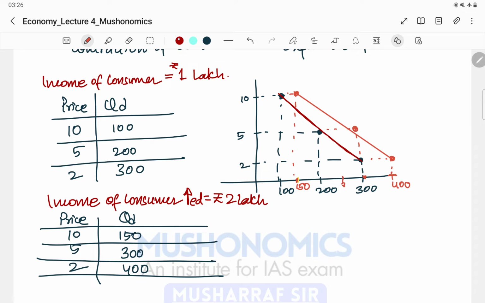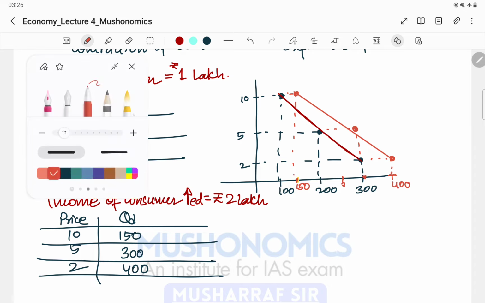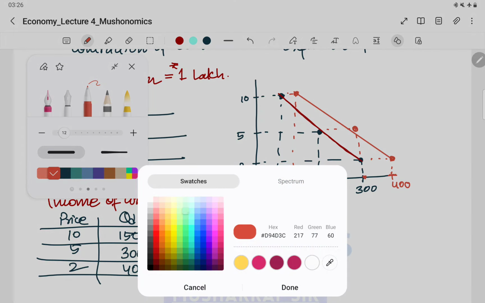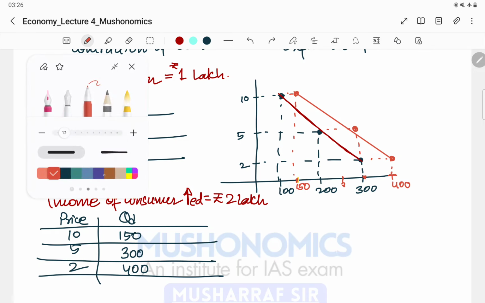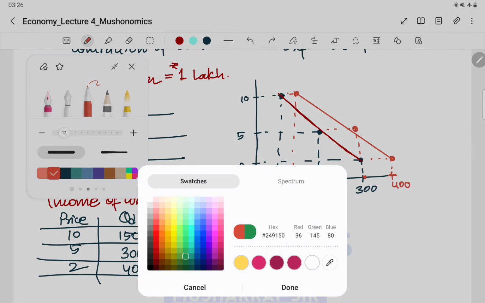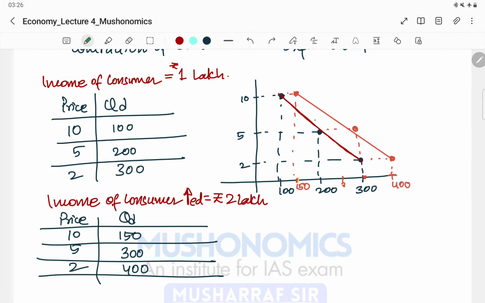Now see, we are not moving along the curve. Rather, our demand curve is getting shifted. As we can see here clearly, our demand curve is shifting towards the right by change in income.